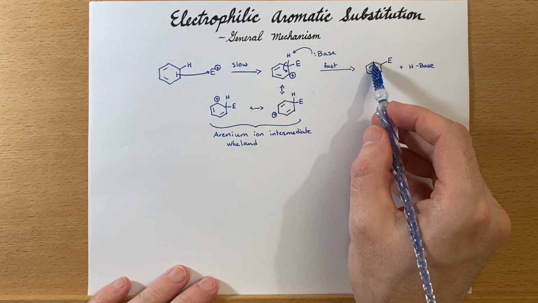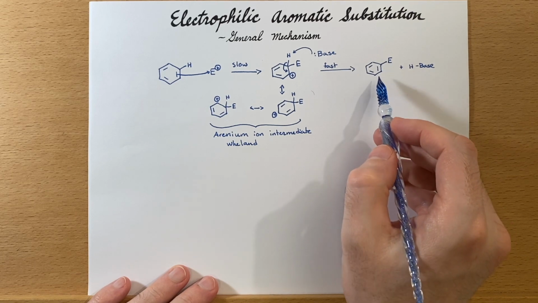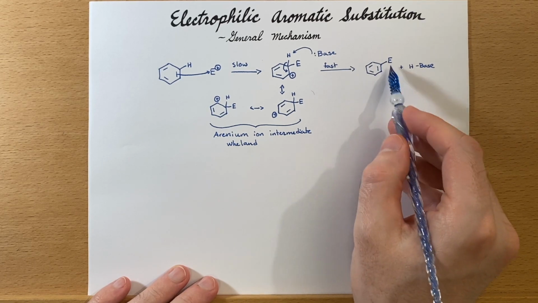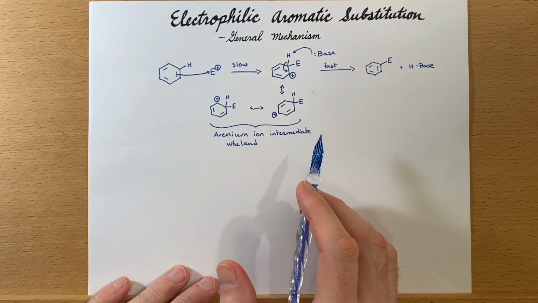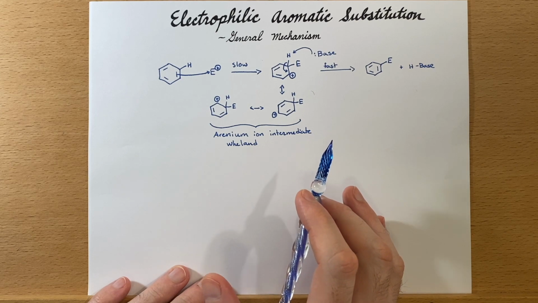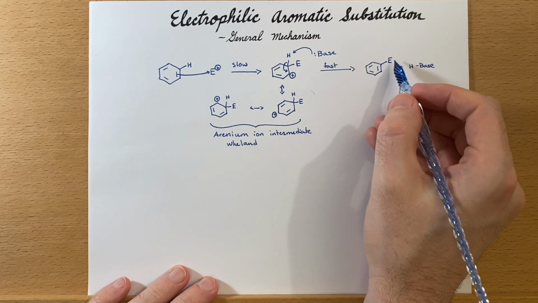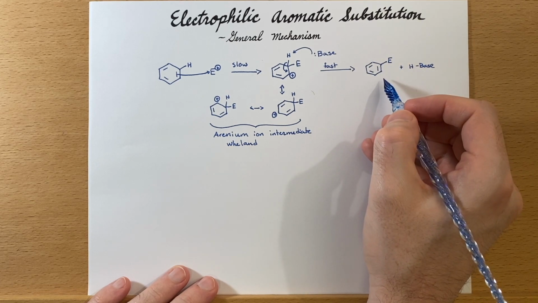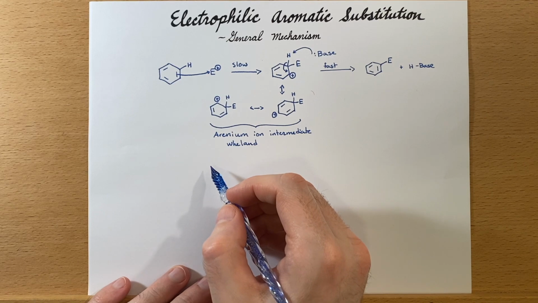So we've completed the electrophilic aromatic substitution right here. Now, these reactions are generally irreversible. That is, this product right here is more stable. It's a lower energy than what we started with.